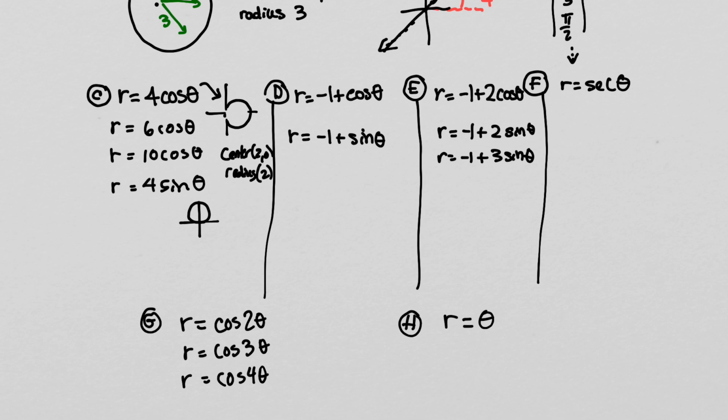So these guys here at the very beginning are all circles: 4 cos theta, 6 cos theta, 10 cos theta, 4 sine theta. They're all circles. How about the next guy? The next one we're having us do is -1 plus cosine theta.